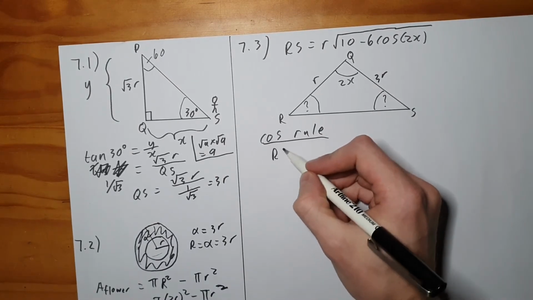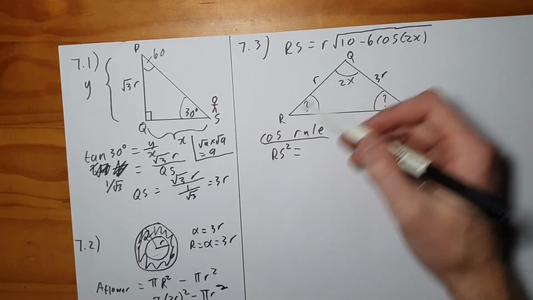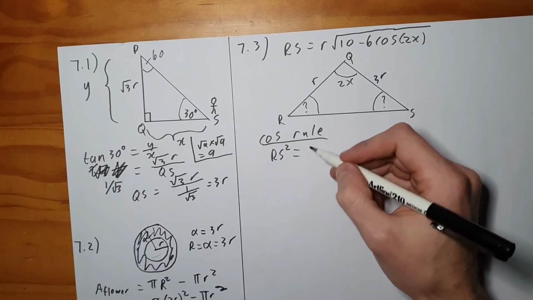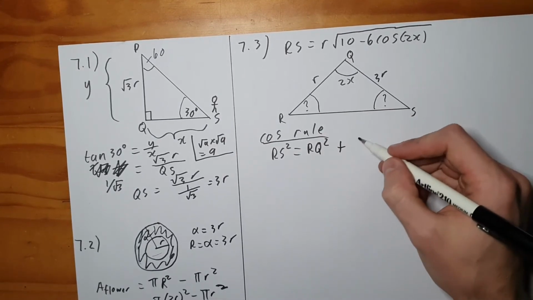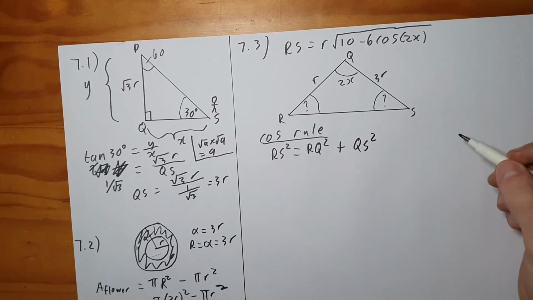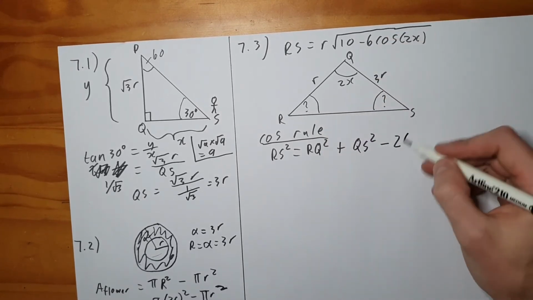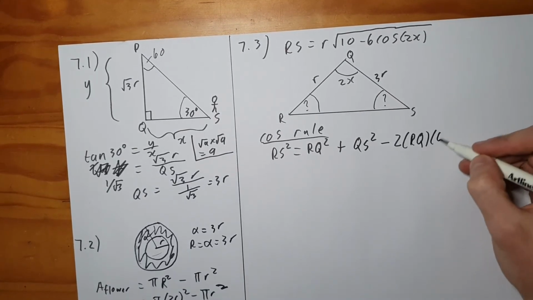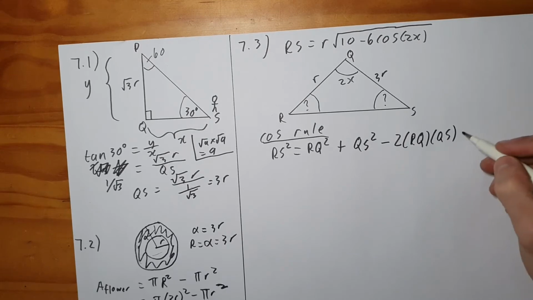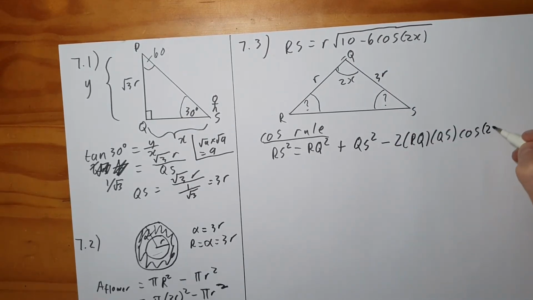RS is what I want, so it's RS squared equals each side squared: RQ squared plus QS squared. Then we minus 2 times the length of each side, so RQ times QS, and then cos of my angle that's given, and that's 2x.